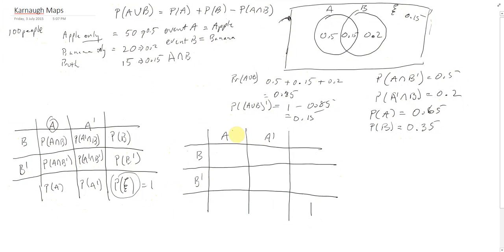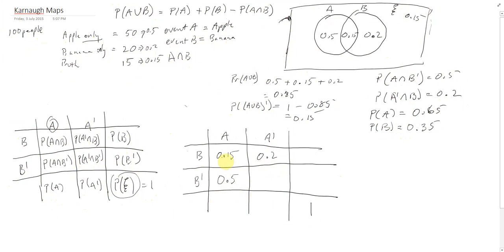Alright, next up, let's put in the information we were told at the very start, which is that an apple only, in other words, an apple and not a banana, is 0.5. We also know that a banana only, so banana but not apple, is 0.2. Last piece of information, both: apple and banana, 0.15.